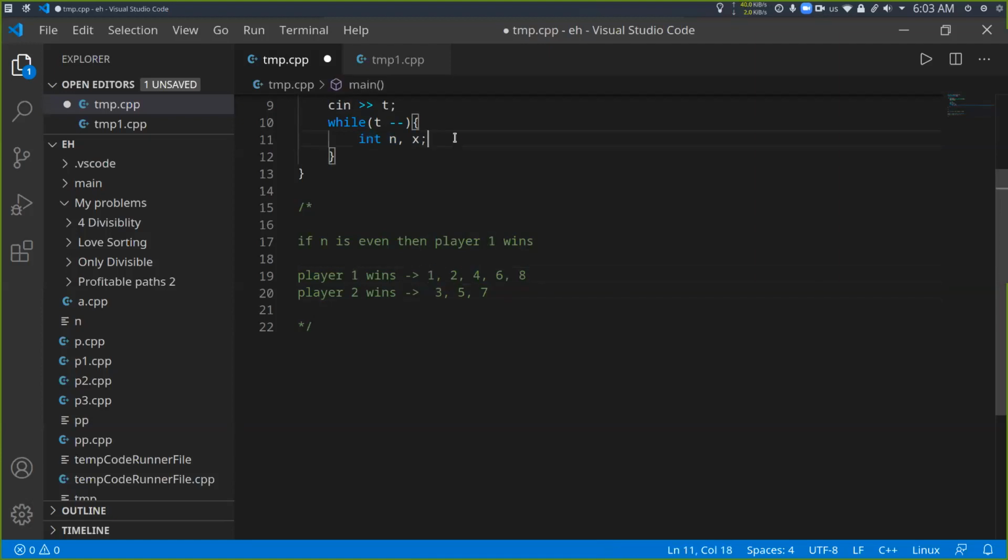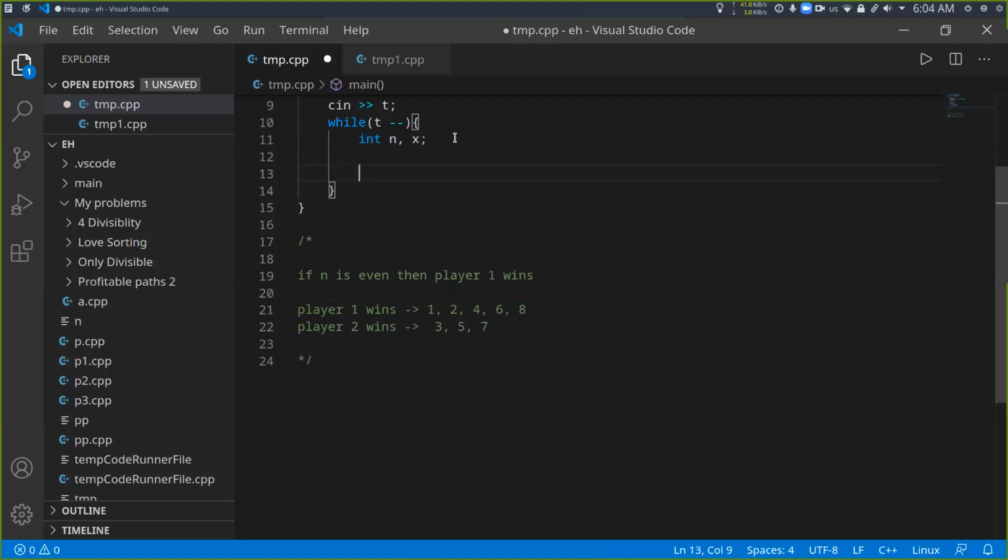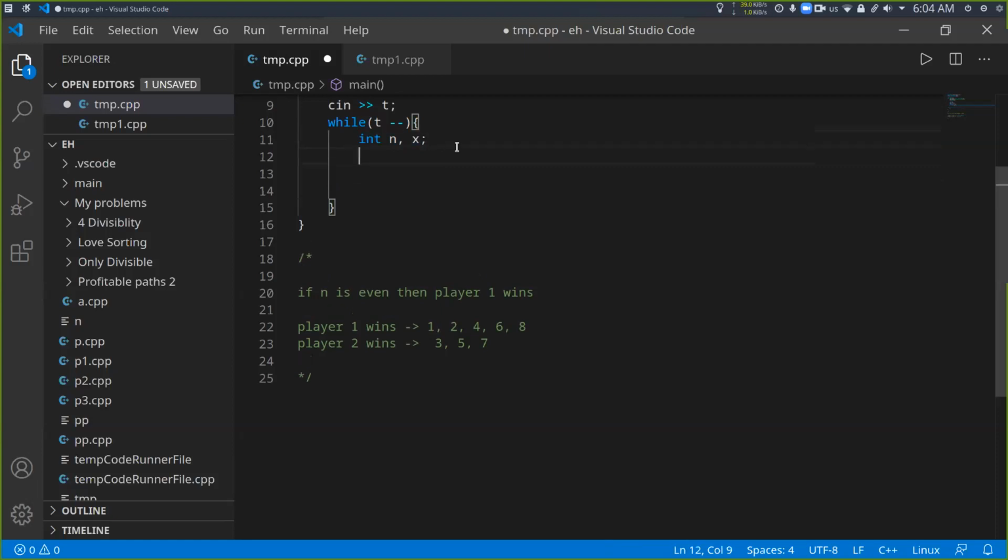Okay. So here we want to store the number of adjacent nodes to any node because we want to see if x is a leaf or not. If the number of adjacent nodes of x equals 1, then we are done and player 1 wins.